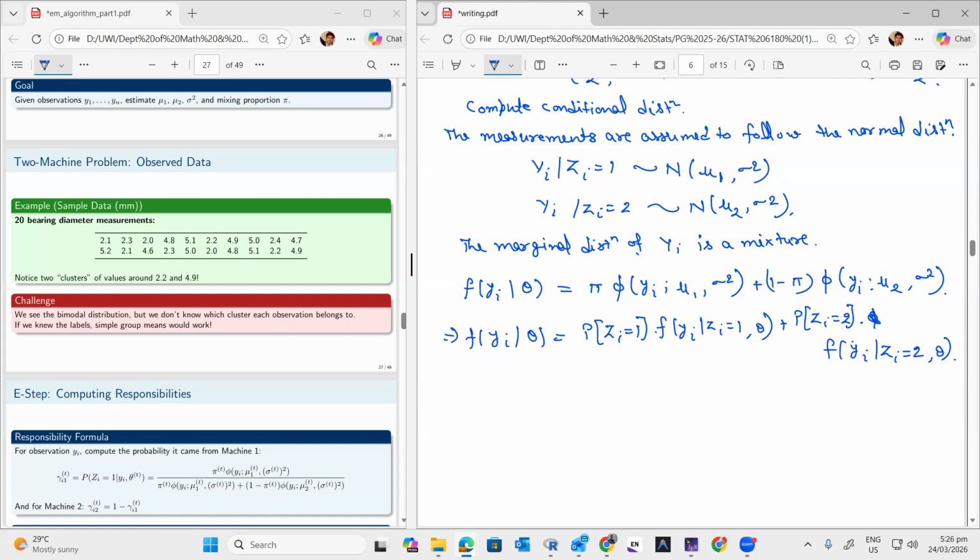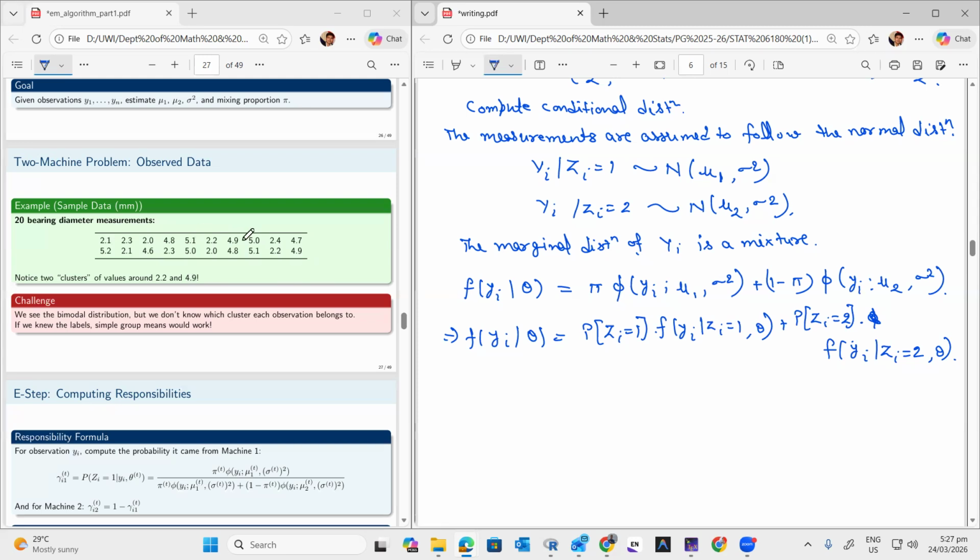So here they have given us 20 bearing diameter measurements: 2.1, 2.3, 2.0, 4.8, and so on up to 2.2 and 4.9. If you notice, we have two clusters of values around 2.2 and 4.9.